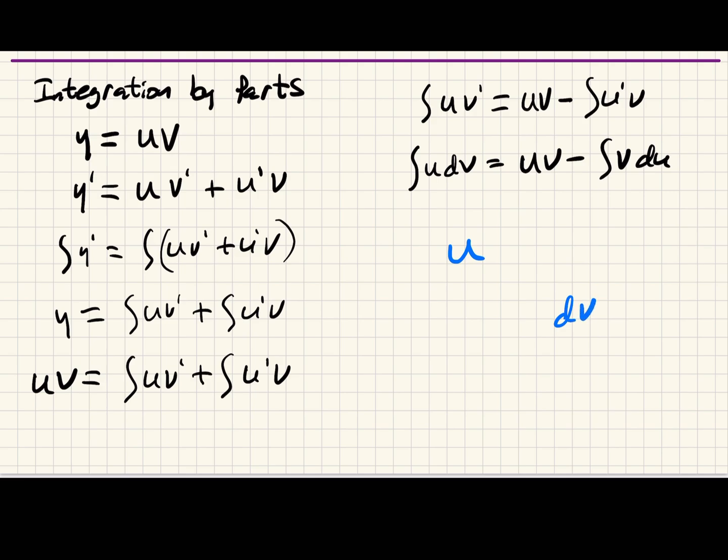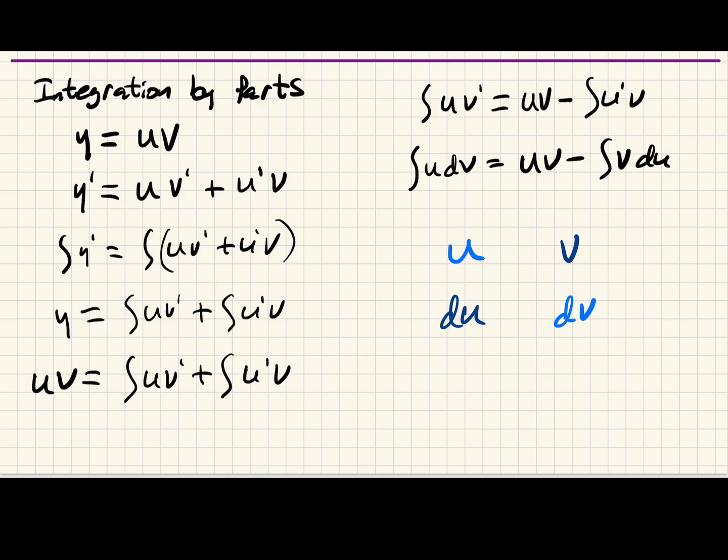So I have two functions, a u and a dv. Now from those two, I could figure out what du would be, because I would just find the derivative of u. And then I could find out what v would be, because I could just integrate dv.